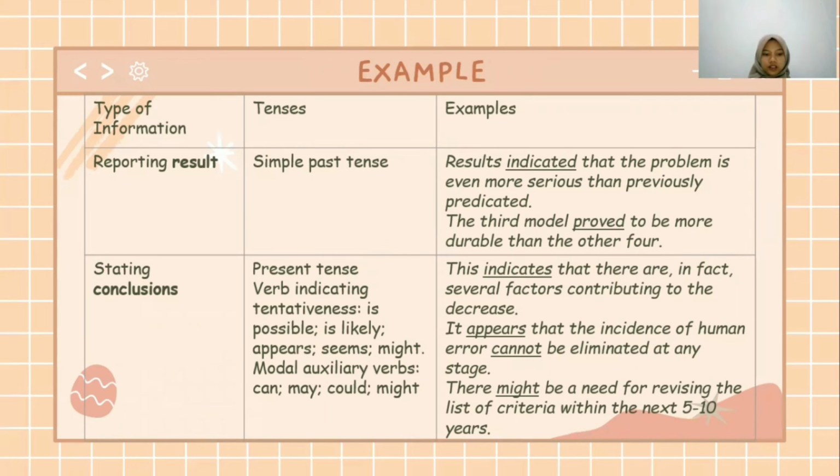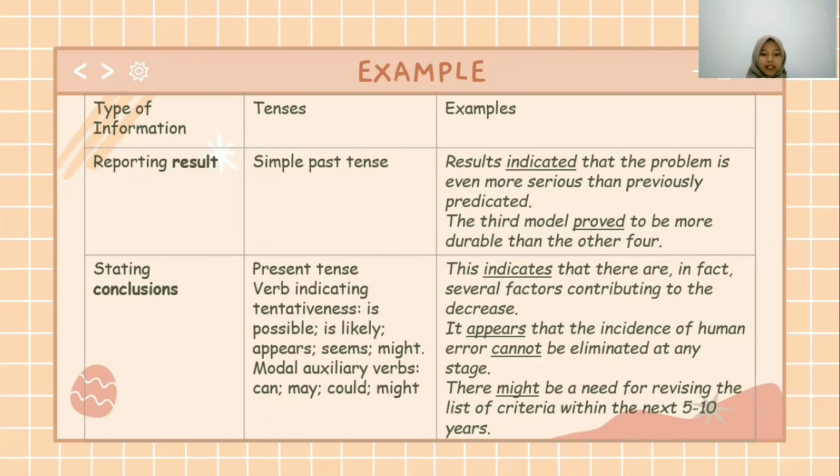Stating conclusions, use present tense. Verbs indicating tentative findings are: is possible, is likely, appears, seems, and might. Modal auxiliary verbs: can, may, could, and might. For example, this indicates that there are, in fact, several factors contributing to the decrease.